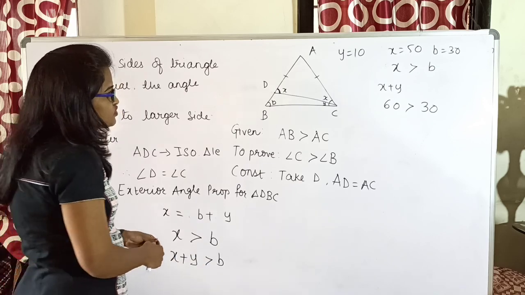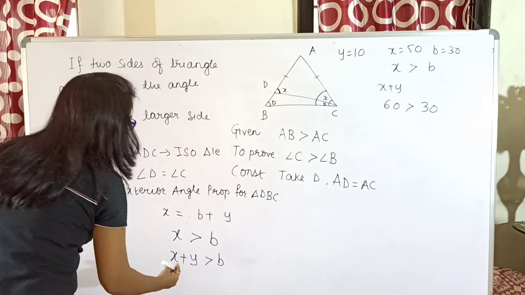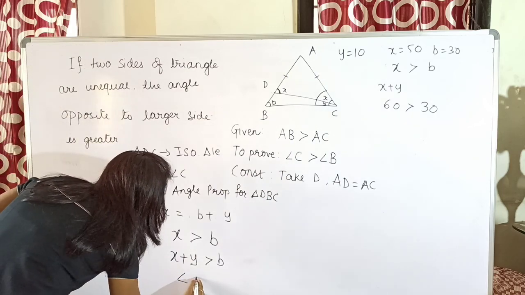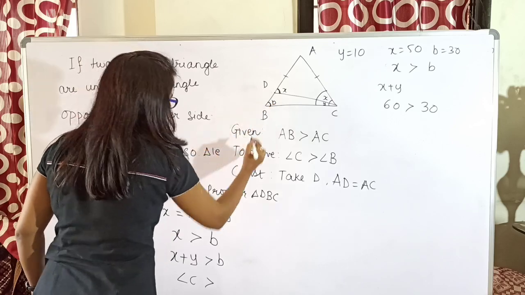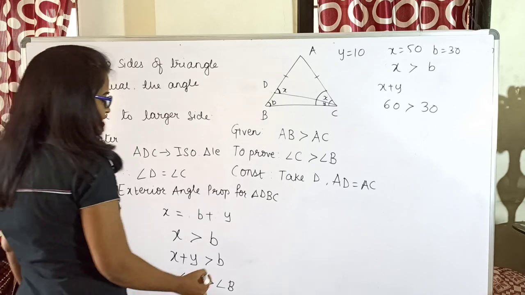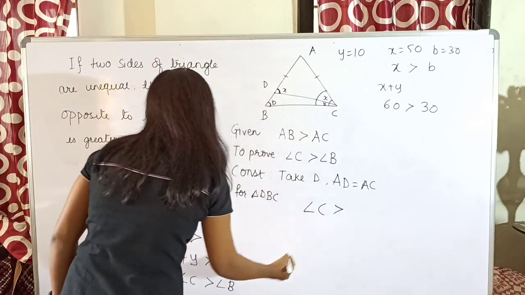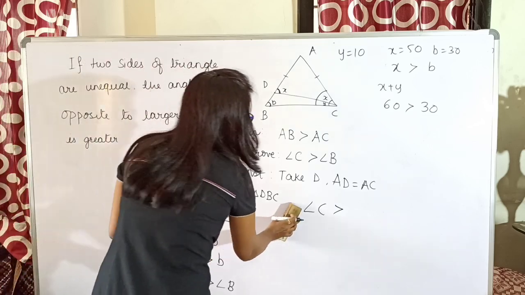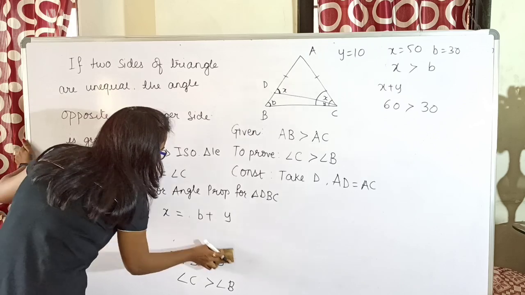Now x plus y means which angle? This complete angle named as angle C. And what is b? This angle b, isn't it? So it means angle C is greater than b. What we have done, we have taken x is equal to b plus y.